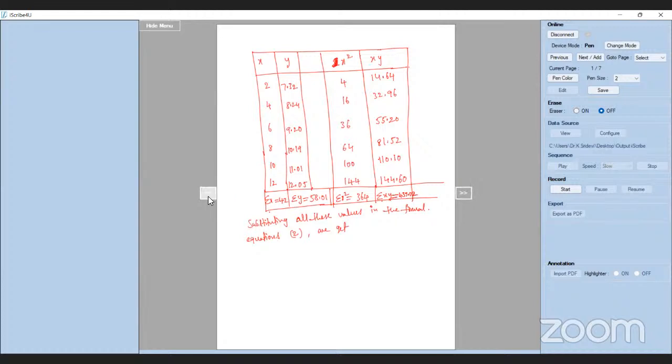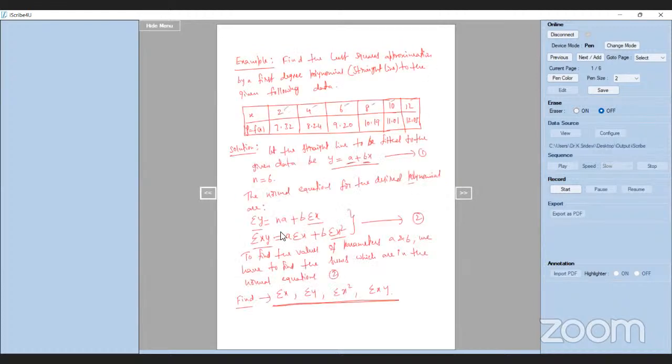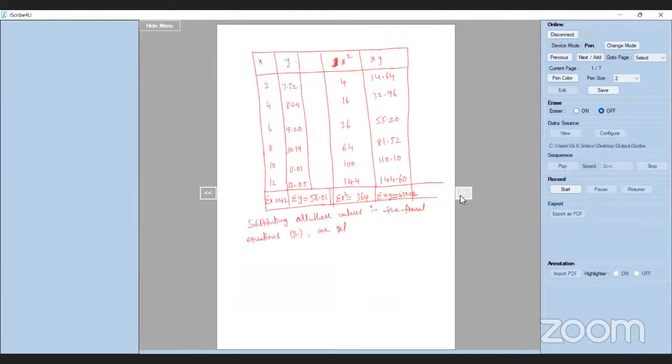What are the normal equations? Summation y is equal to n into a plus b into summation x. What is summation y? 58.01 is equal to n into a. What is n, ma? 6. 6 into a plus summation x, 42 into b. First equation.